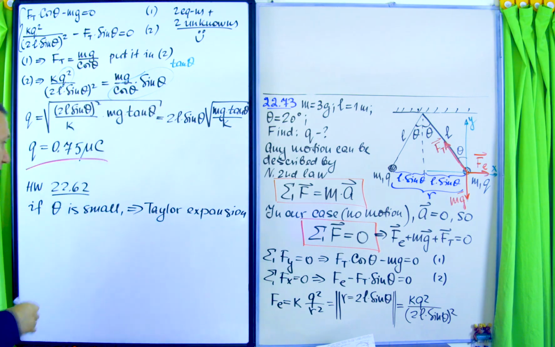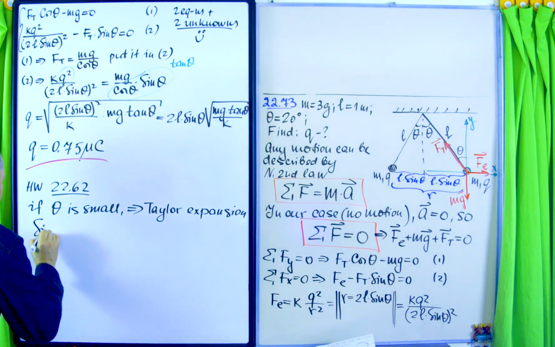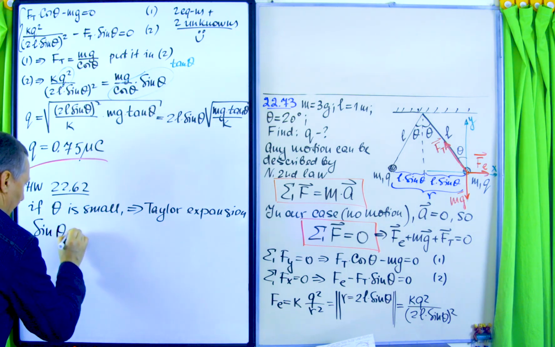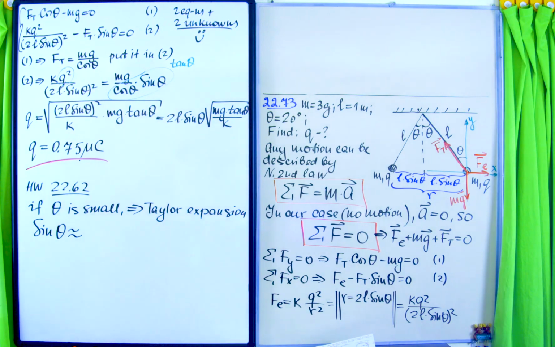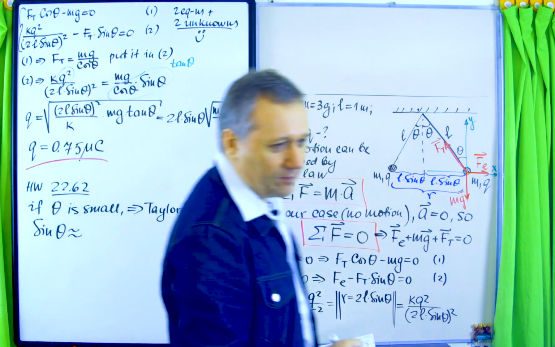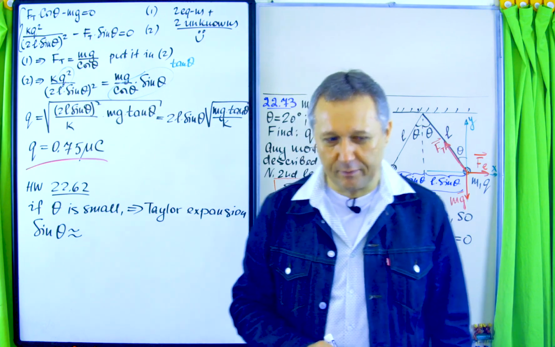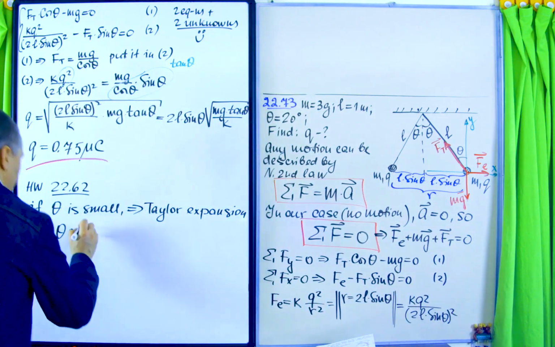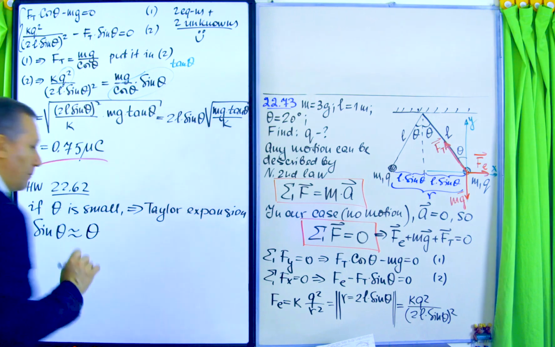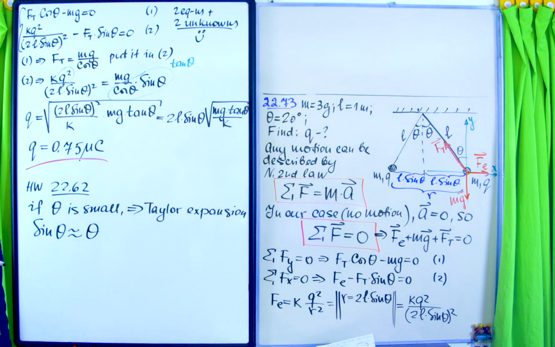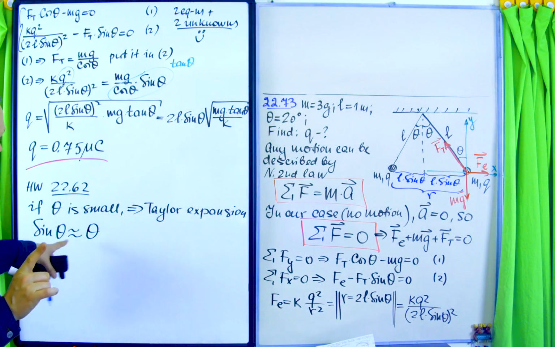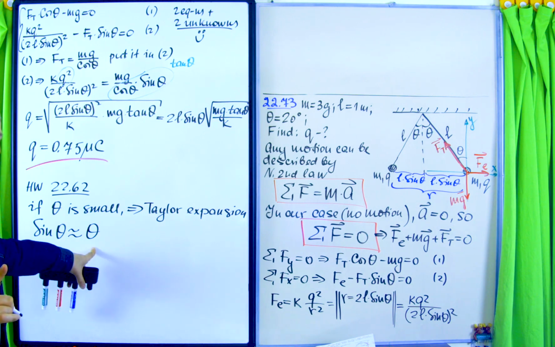It means that if you have sine of an angle, and if the angle is small, then according to Taylor expansion, it will be very, very close to the angle itself. Sine of theta is approximately equal to theta, but, very important, this angle must be in radians, not degrees.